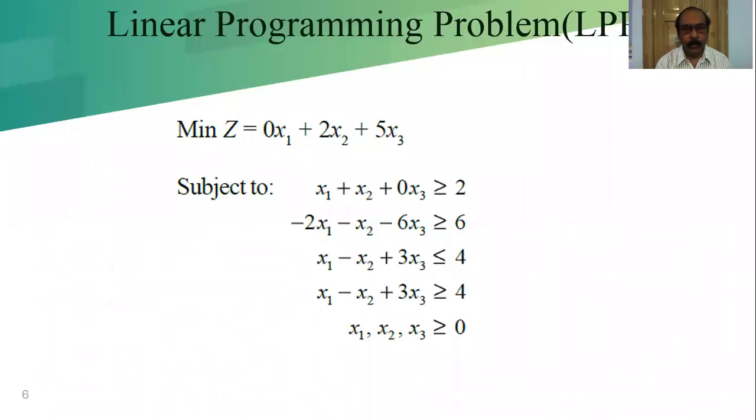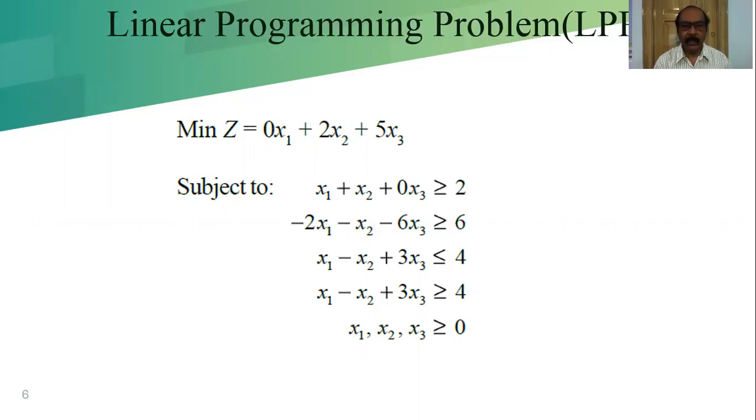Now the third constraint is not satisfying our canonical form, so we convert it into the greater than or equal to type by multiplying both sides by minus 1.